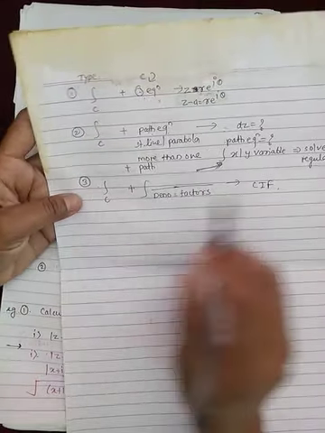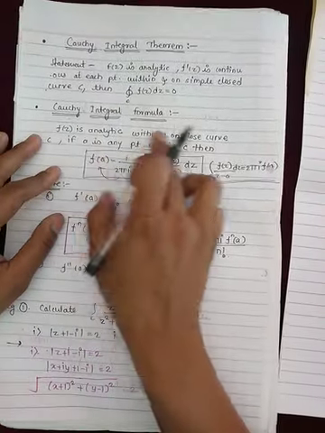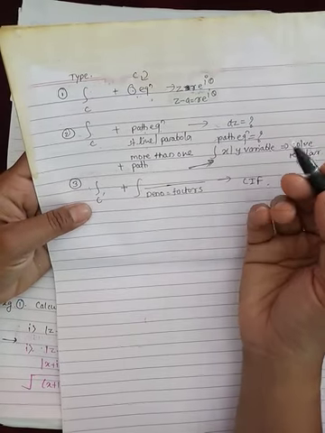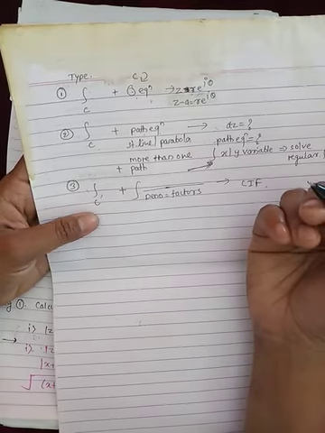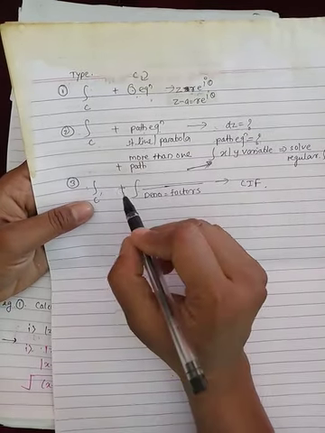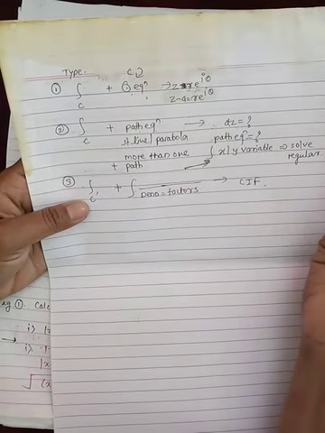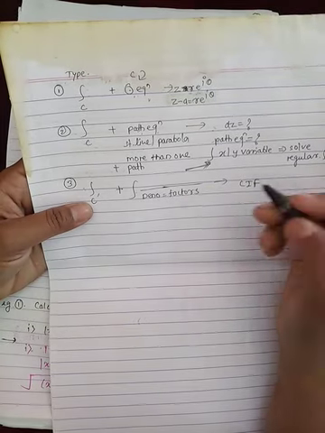Then the third type is the example using the Cauchy integral formula. How do we know that an example is of the Cauchy integral formula?